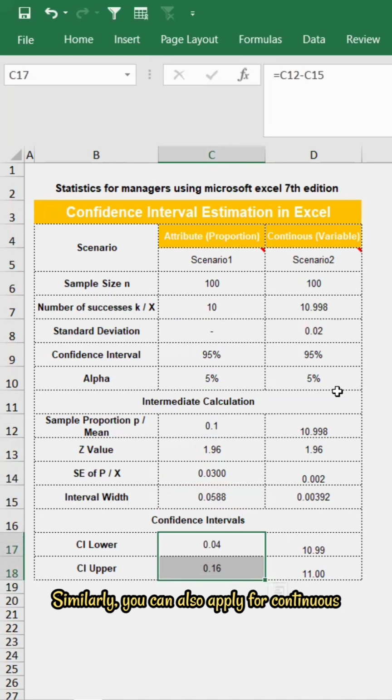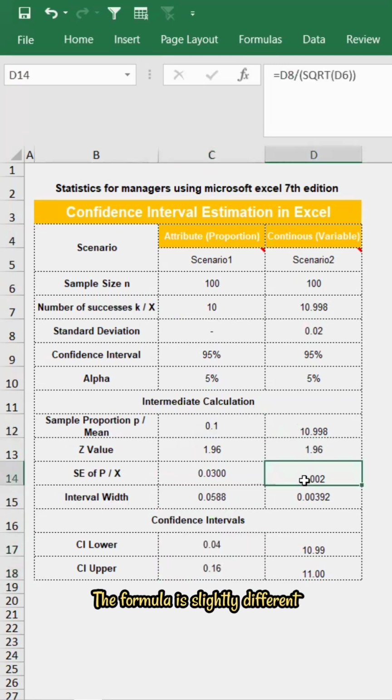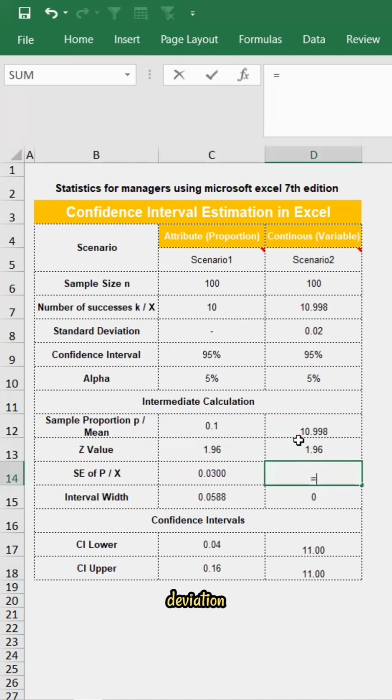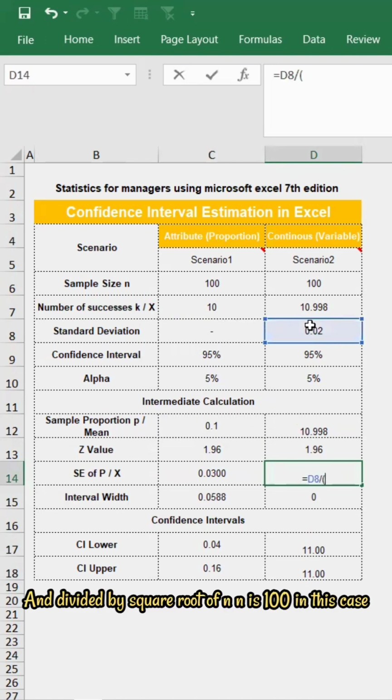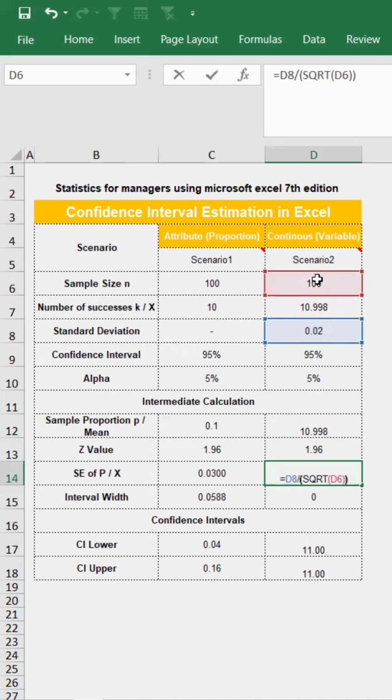Similarly, you can also apply it for continuous data. For continuous data, the formula is slightly different. I'll just focus on the formula now. The formula is standard deviation, because it requires a standard deviation, divided by the square root of n. N is 100 in this case.